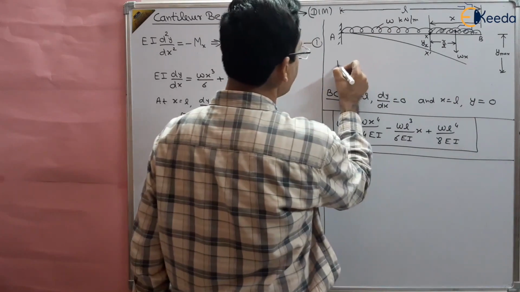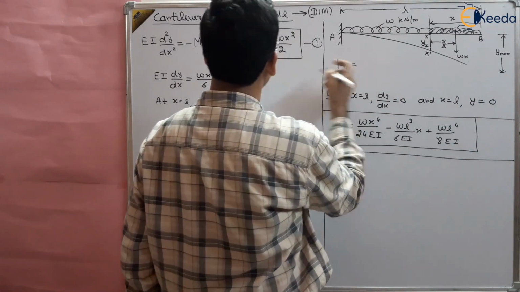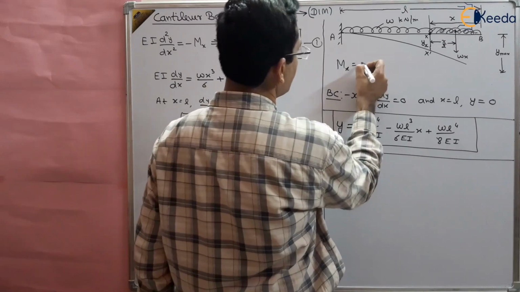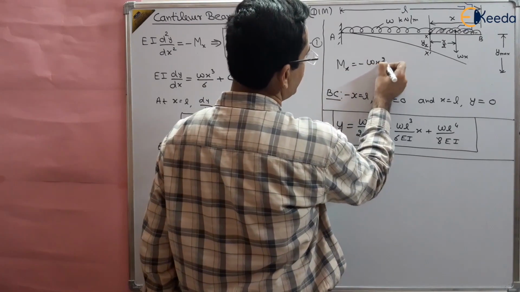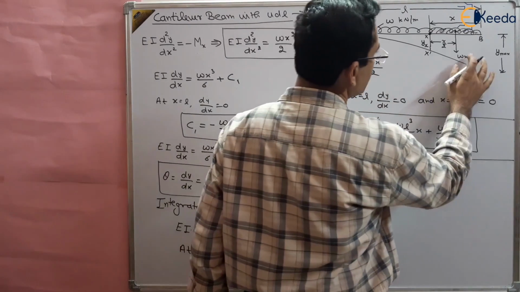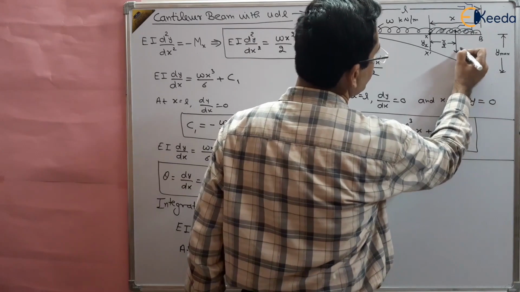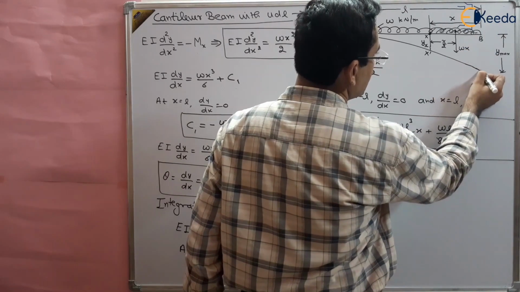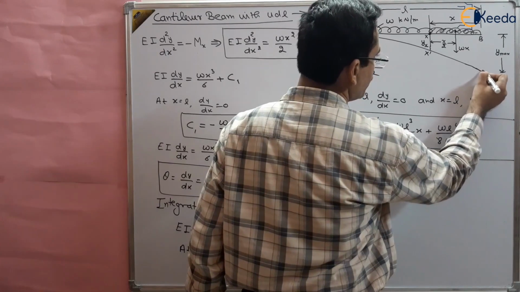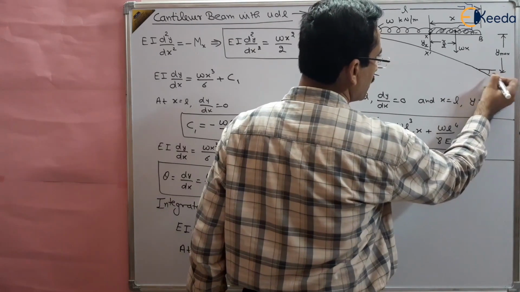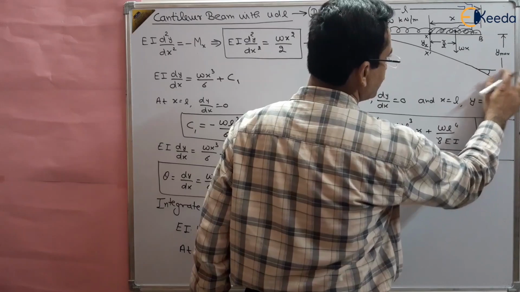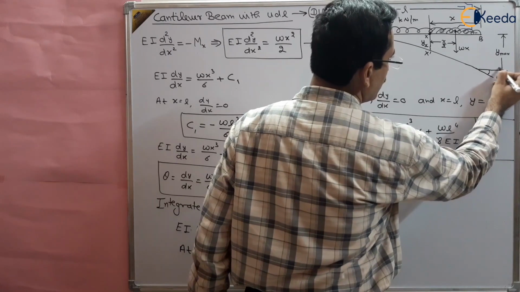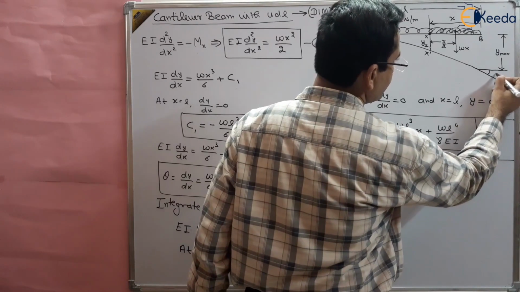So Mx was minus wx square by 2, and here I want to show the slope at this point. So this is the slope, theta max.